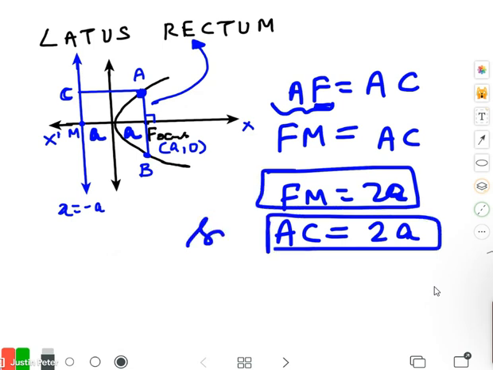Right? Okay. So the parabola is symmetric about the x-axis, isn't it?